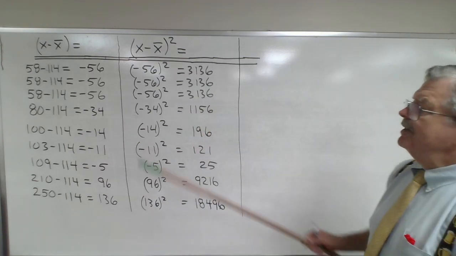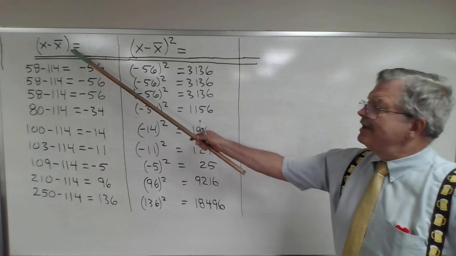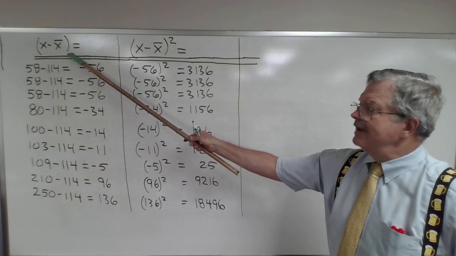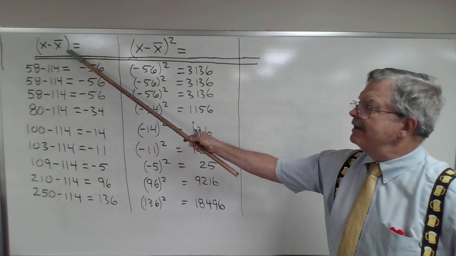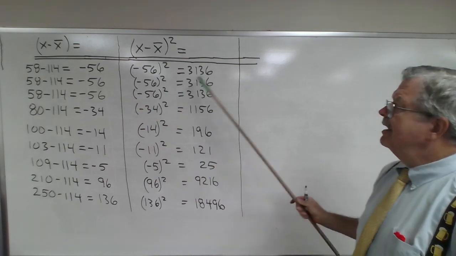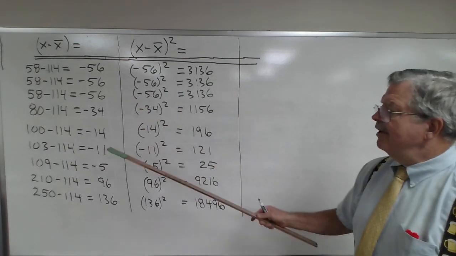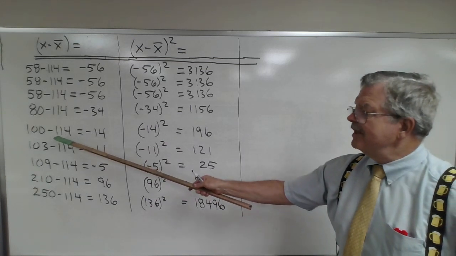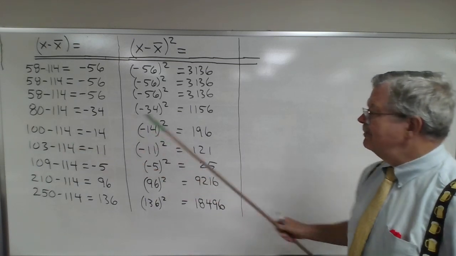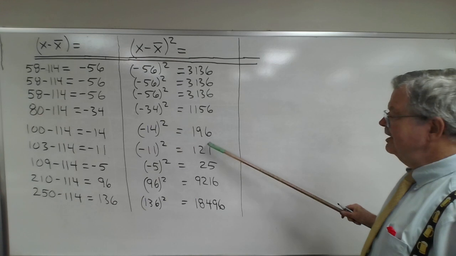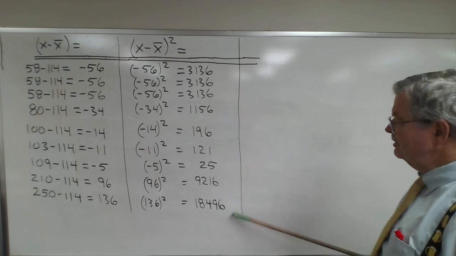Okay, everybody, we took each difference of data value X minus X bar and squared it. So for the difference of each data value and X bar, we have the corresponding square. We wrote them all down here.